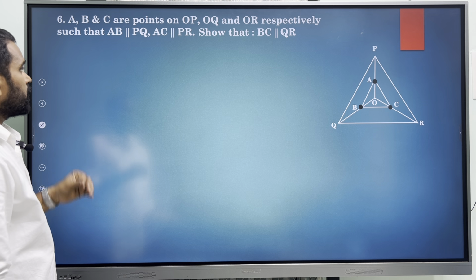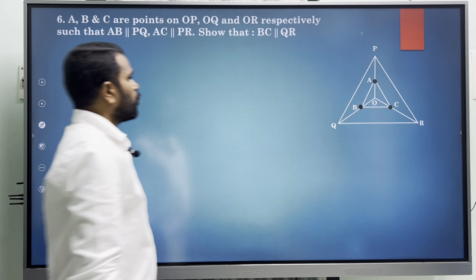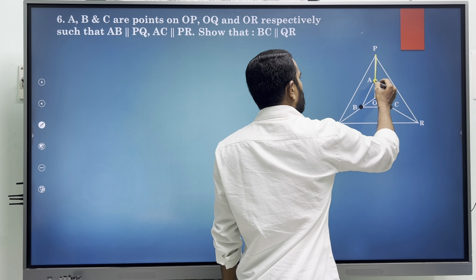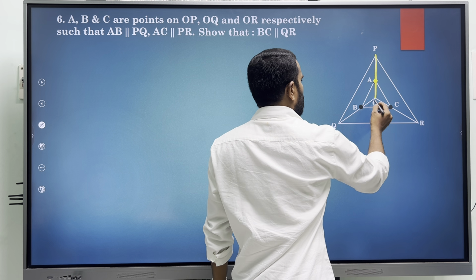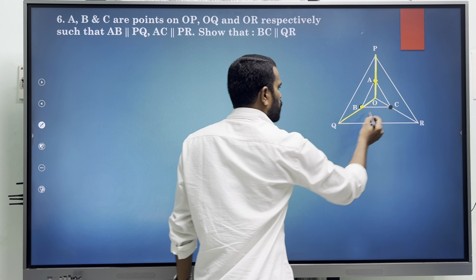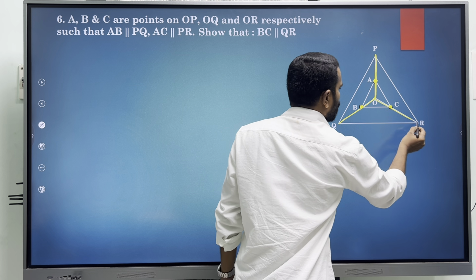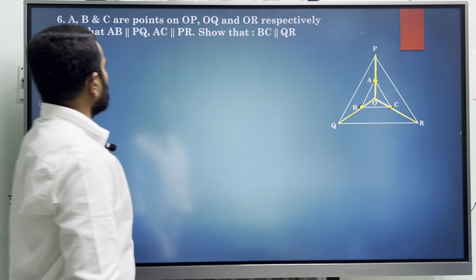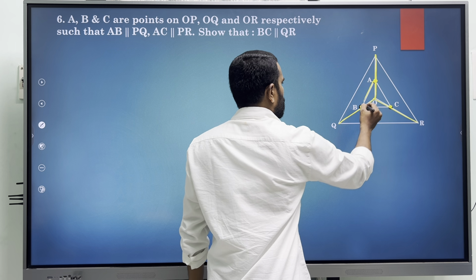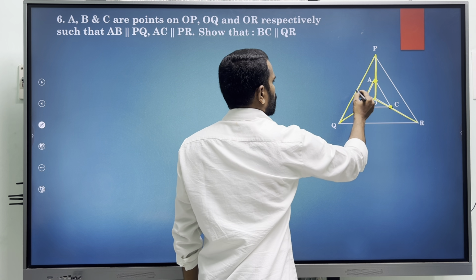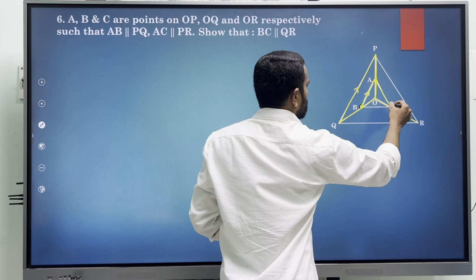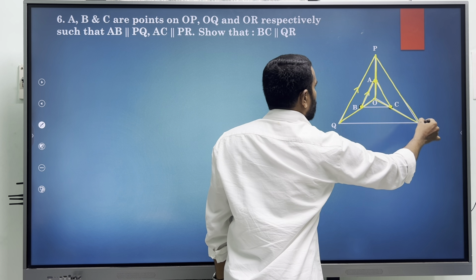See here, A, B, C are the points on OP, OQ and OR. A is on OP, B is on OQ, C is on OR, such that AB is parallel to PQ, and AC is parallel to PR.